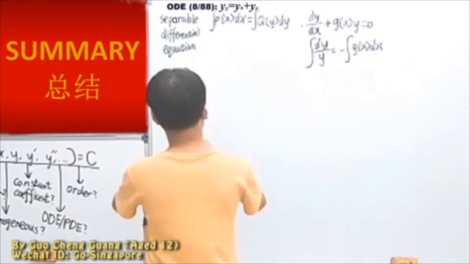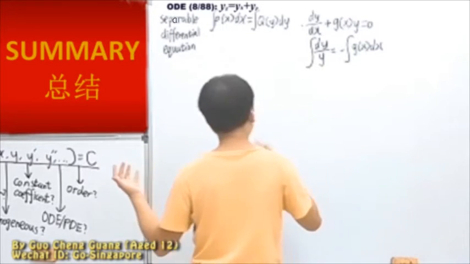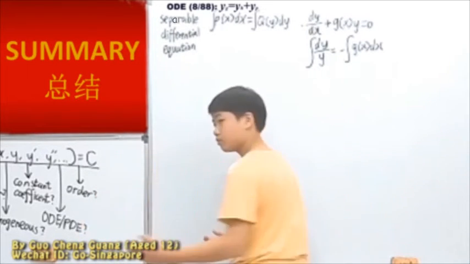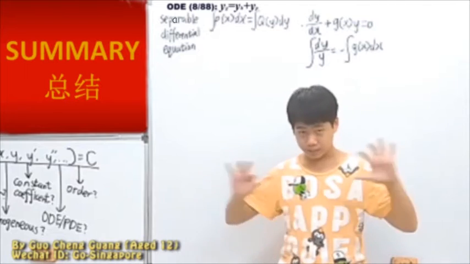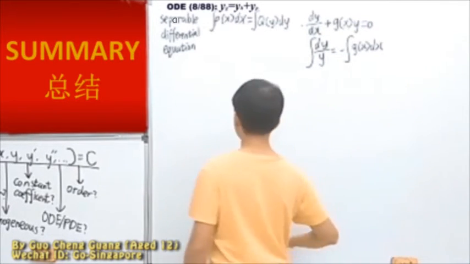But let's think about this. Here it is only all x on one side, all y on the other. We can separate x and y. But what if we cannot separate it?